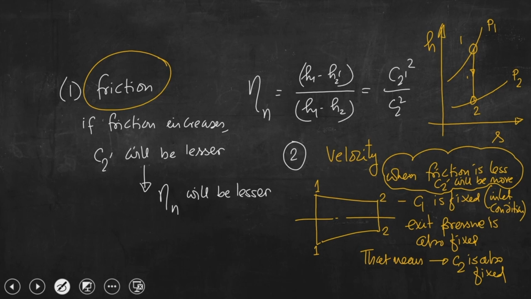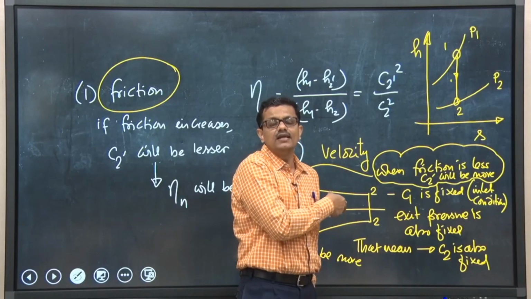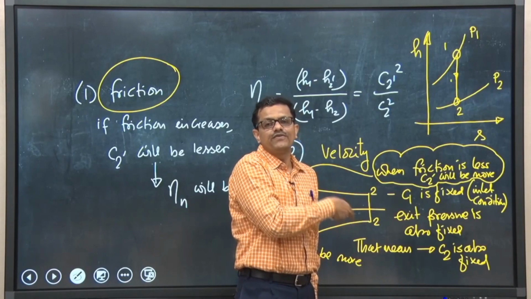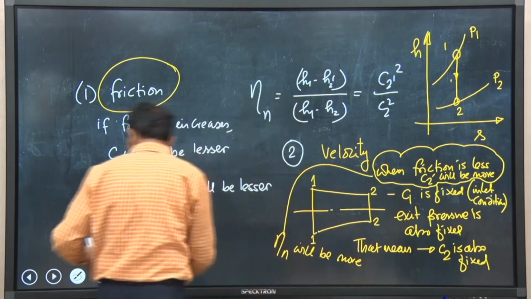So, efficiency eta nozzle will be more. So, if we try to understand the effect of velocity on the flow nozzle carefully, it is again directly related to the frictional effect. So, this is about 2.